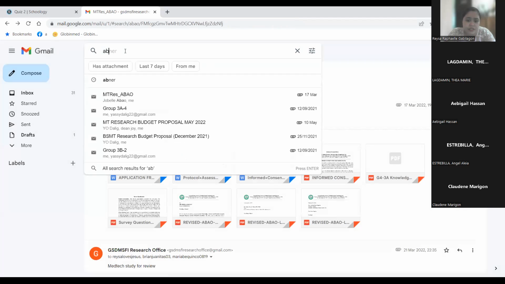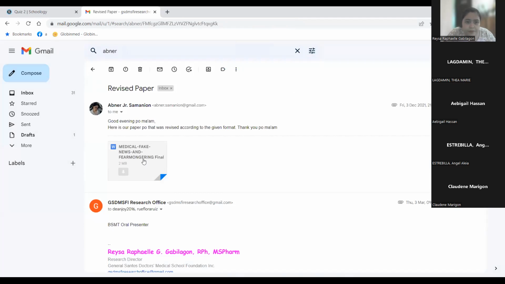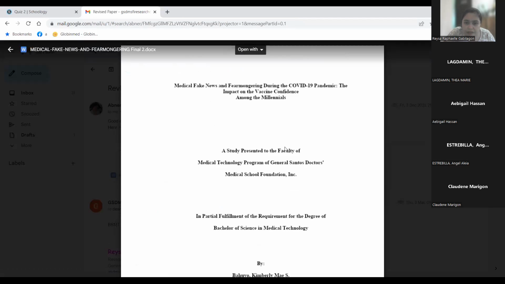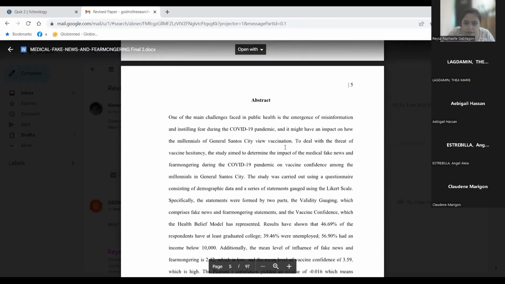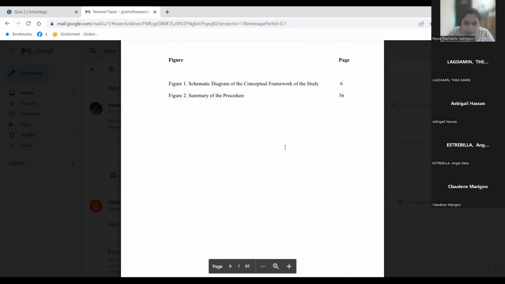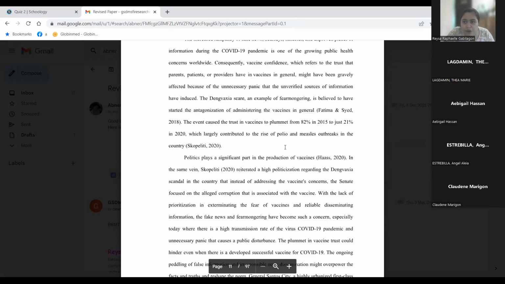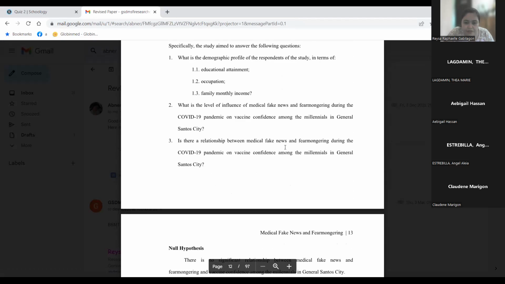So let's try to look at the other example, this one, para makita nyo how they state their hypothesis. By the way, yung mga examples ko is quantitative, descriptive ito.